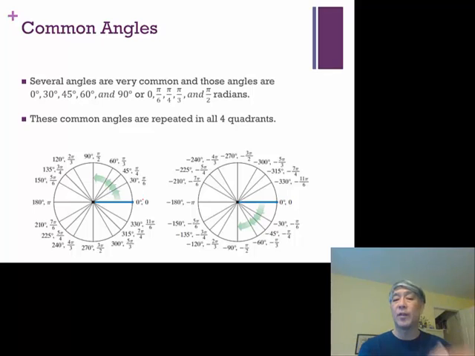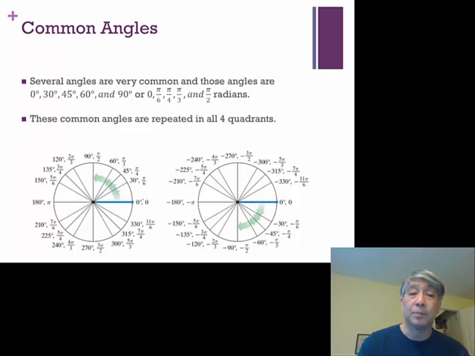It's basically 30, 45, 60, 90 in both directions. You could also do the same thing going in the negative direction, in which case you have minus 30, minus 45, minus 60. It's useful to be able to think in both directions, because sometimes it's a little bit easier to think in terms of the negative direction.